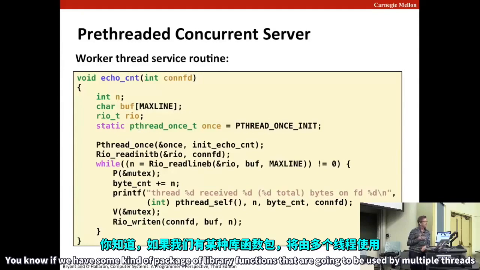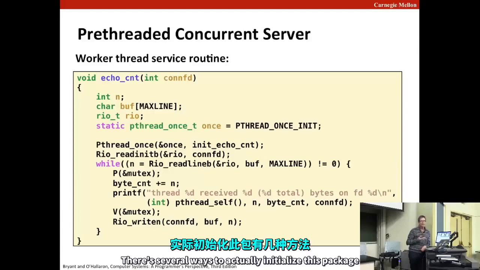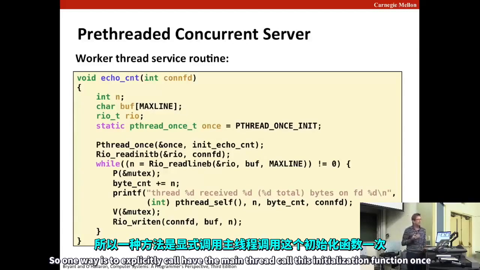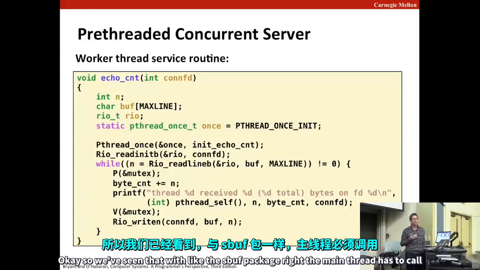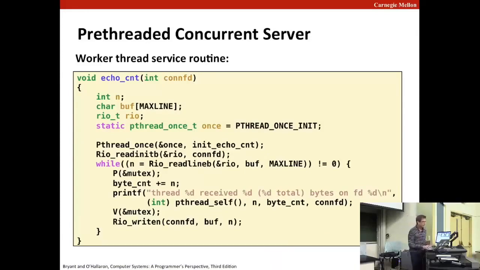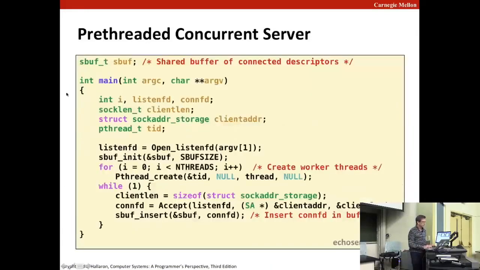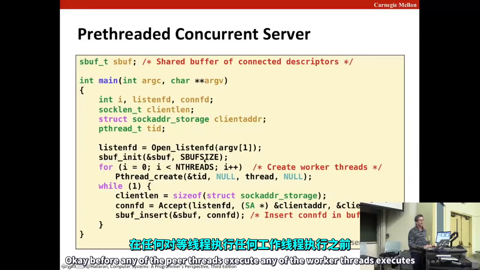If we have some kind of package of library functions that are going to be used by multiple threads, there are several ways to initialize it. One way is to explicitly have the main thread call this initialization function once. We've seen that with the SBUF package, right? The main thread calls SBUF init once, before any of the peer threads, any of the worker threads, execute.